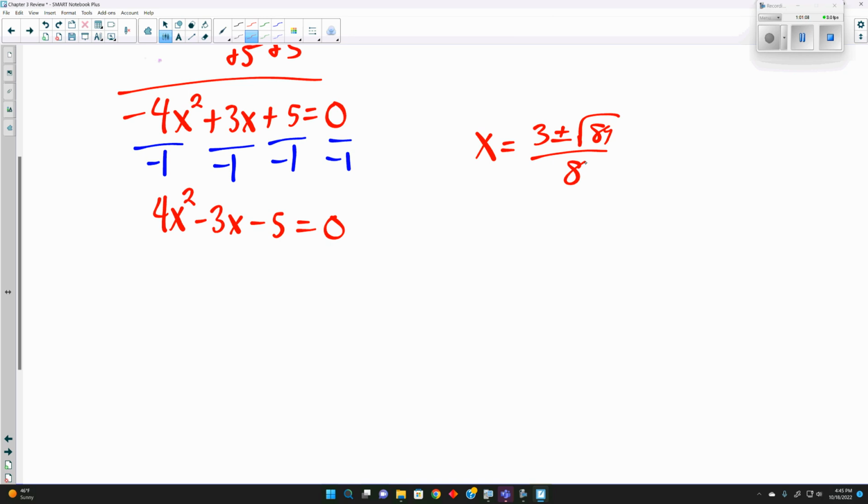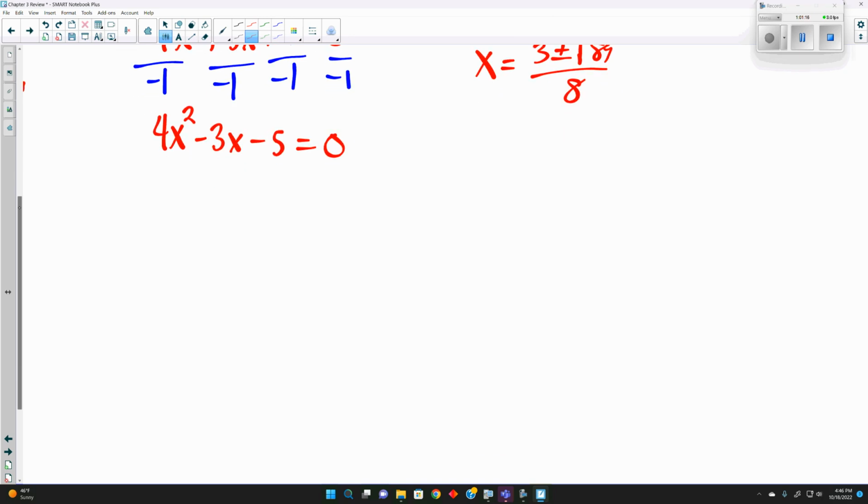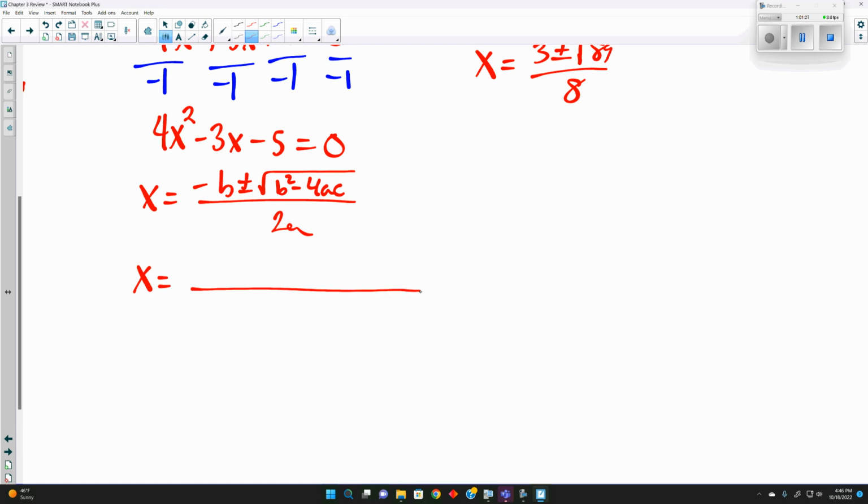And this here is going to give us the exact same thing. We just won't have to deal with the pesky negative. Because again, if we plug it in, negative b plus or minus the square root of b squared minus 4ac all over 2a. In our case here, we have negative b.